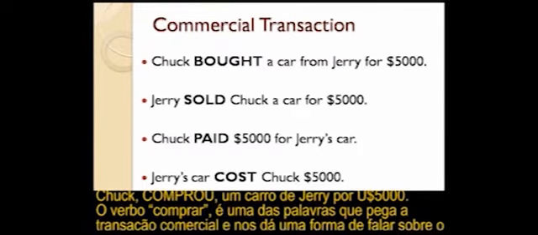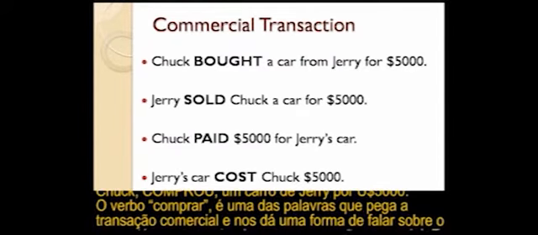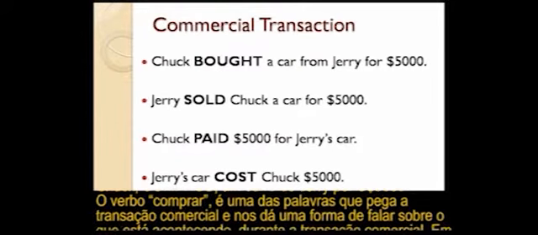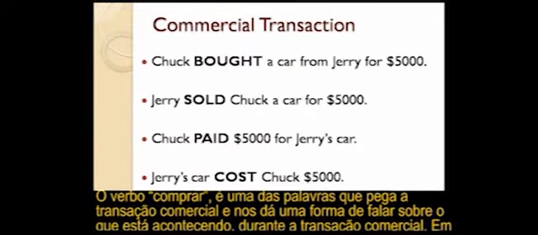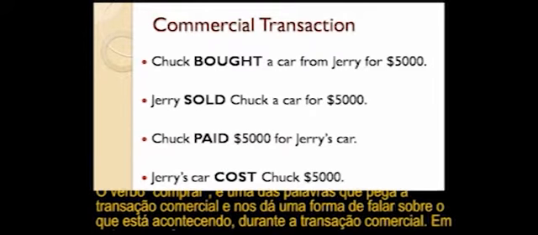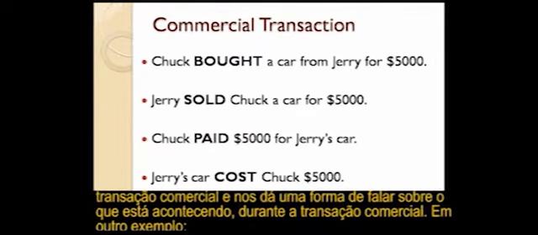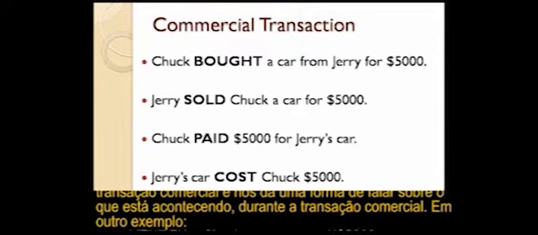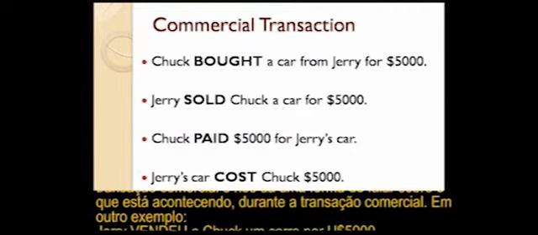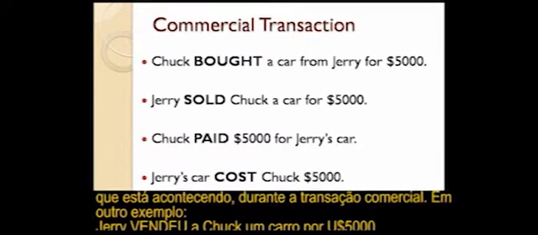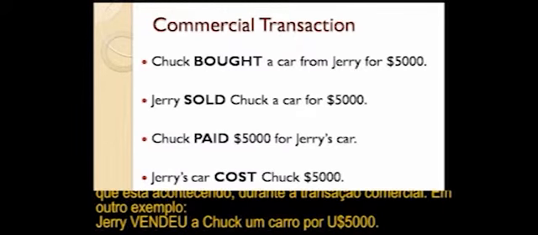Chuck bought a car from Jerry for $5,000. Buy, the verb buy, is one of the words that takes the commercial transaction and gives us a way to talk about what's going on during the commercial transaction.